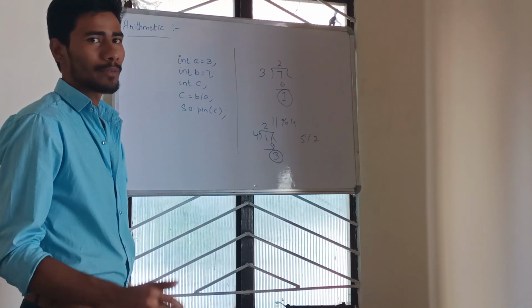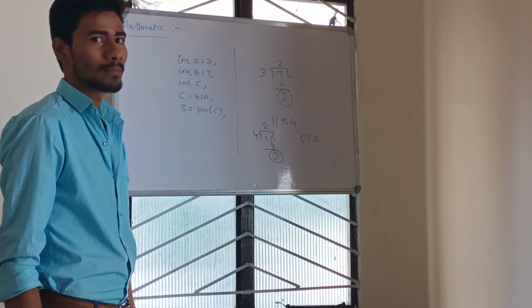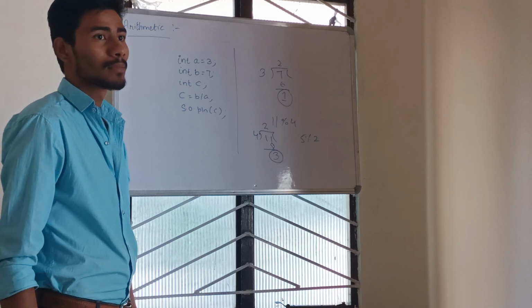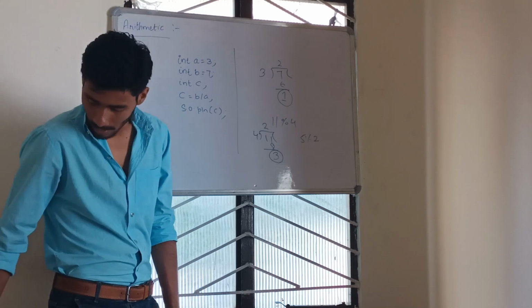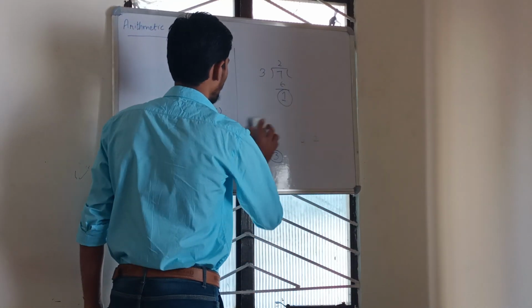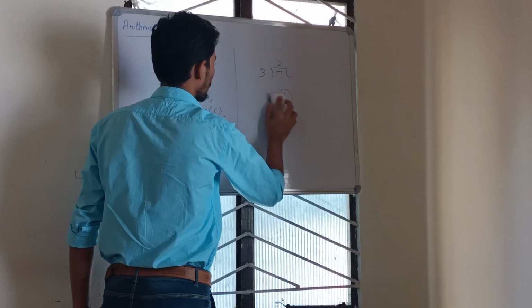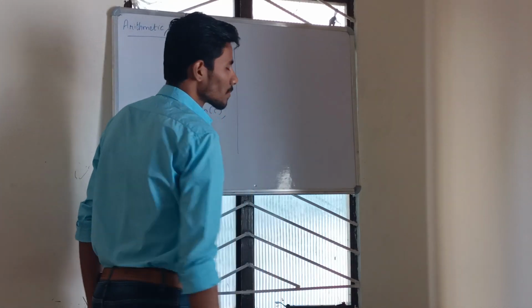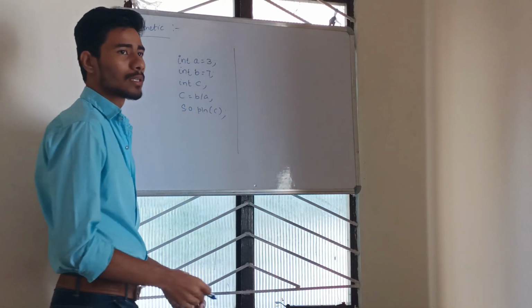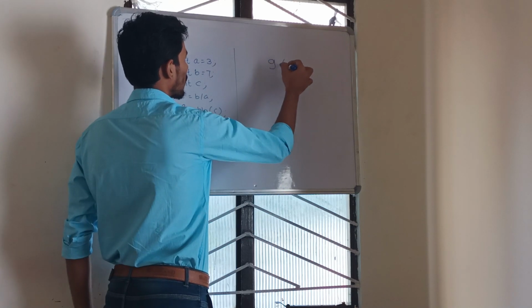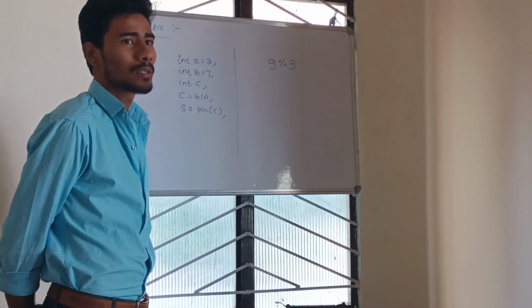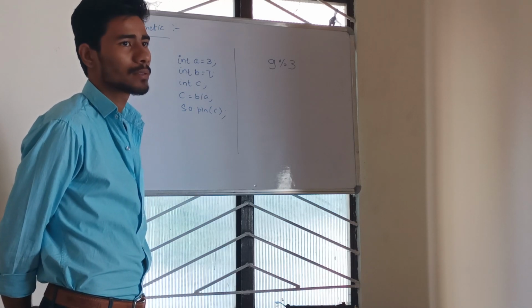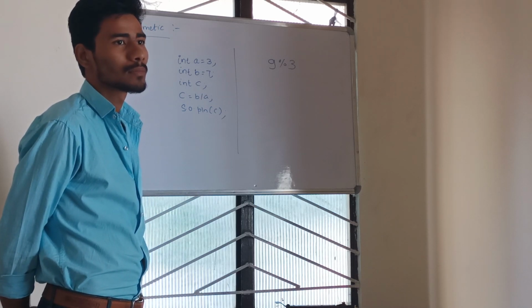If you do not clear the interview, you will pay him. I thought you would not be here. You are understanding or not? Okay, tell me. What will be the output? Asam. What will be the output?